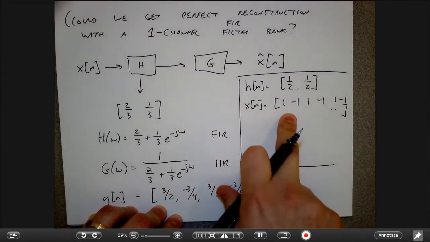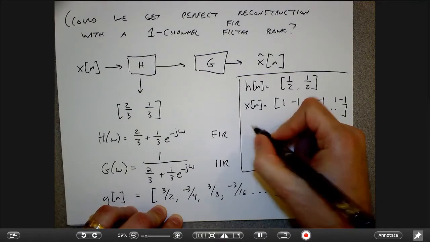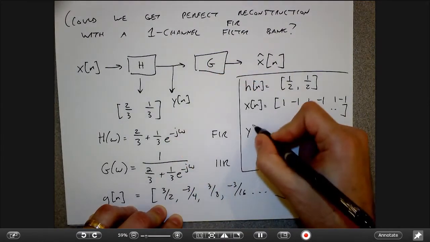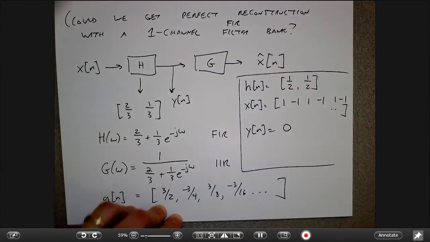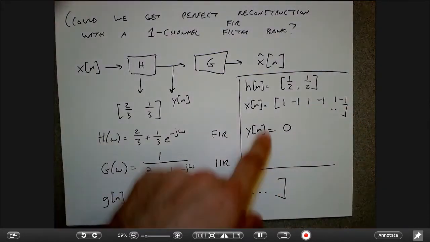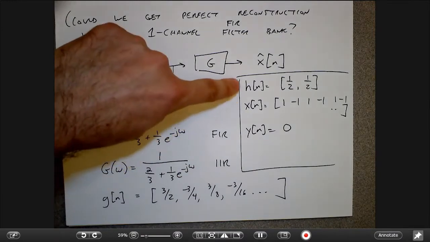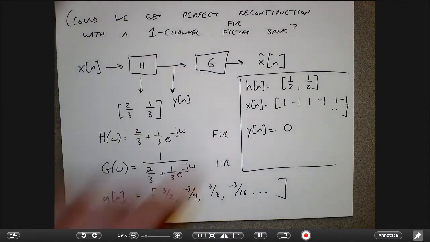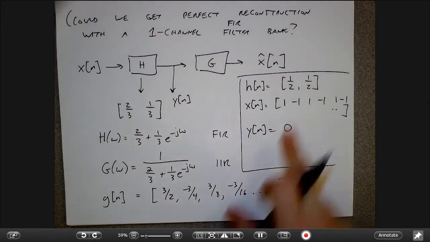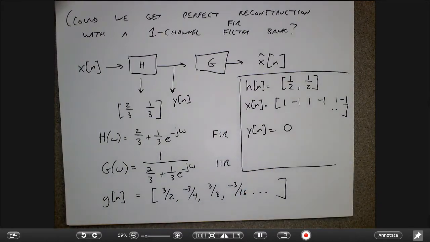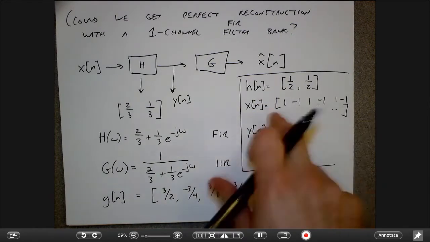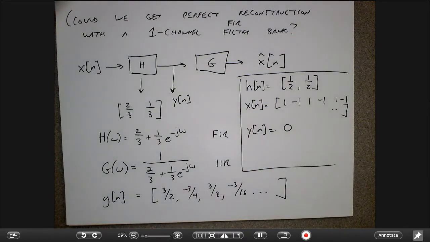When I filter this with that, my output here, if I call that Y of n, is going to be 0, right? Because one way I think about this is as a pole-zero plot: there's a 0 at pi. And this signal is exactly the frequency that's oscillating at pi, and so basically this frequency is getting entirely filtered out by this FIR filter, right?